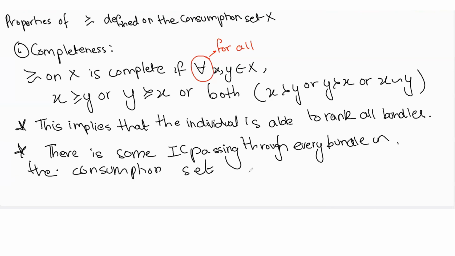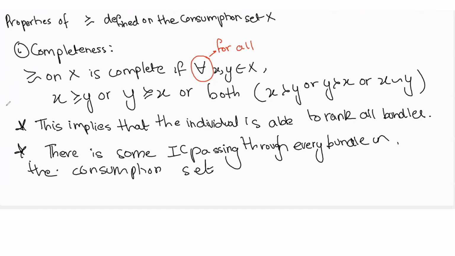So the first property we looked at was what it means when we say the preferred or indifferent relation is complete on a consumption set X, and what it implies in terms of the IC as well: you'll always have some indifference curve passing through every bundle in the consumption set. Now, this was the first property.